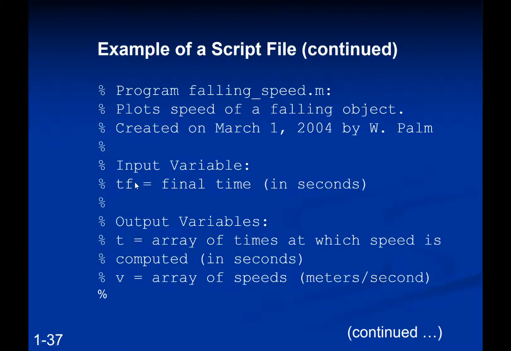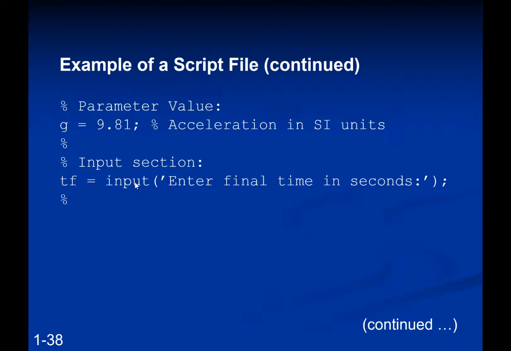Let me talk briefly about it. We've got an object that's going to fall. The input variable is the final time in seconds. We calculate T, the array of times in which the speed is computed in seconds, and G, an array of speeds. The input asks you to enter your final time.